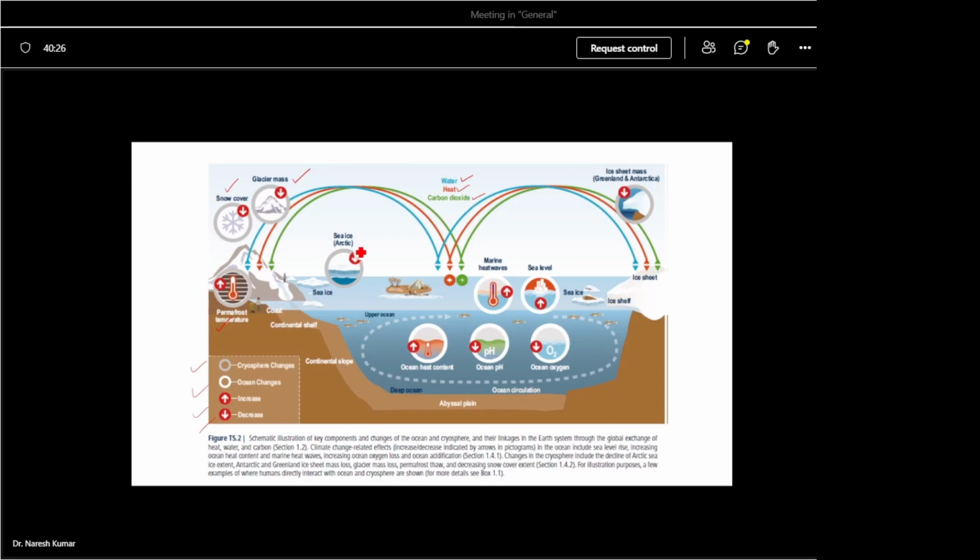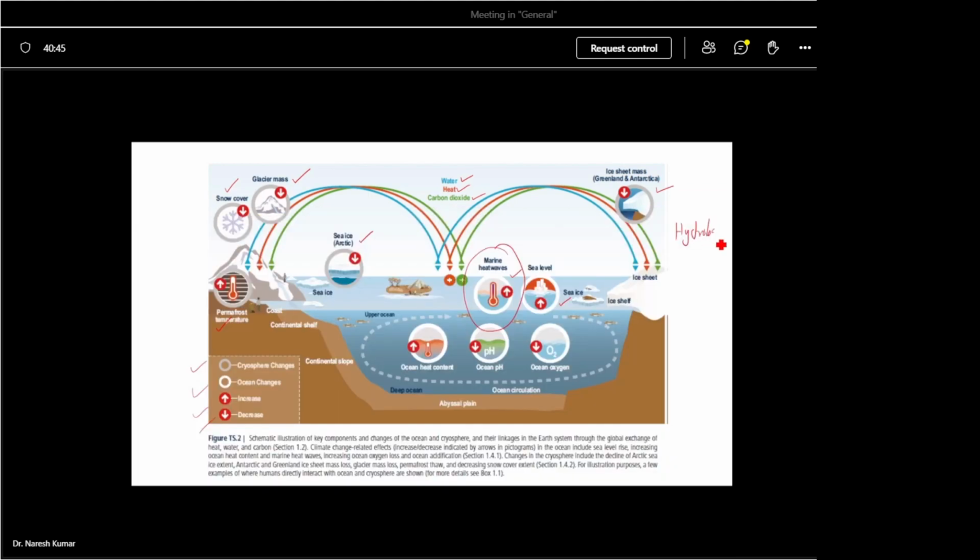And what is on decline? Arctic ice sheet mass is on decline. Again, what is increasing? Sea level is increasing. Marine heat waves. A lot of research is happening on marine heat waves because they also influence the global hydrological cycle.